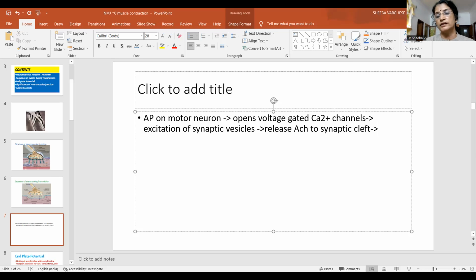When the acetylcholine is released to the synaptic cleft, acetylcholine binds to the nicotinic receptors on the postsynaptic membrane.